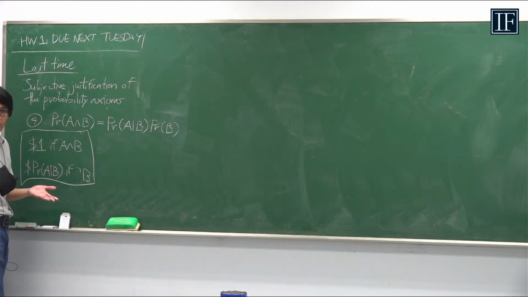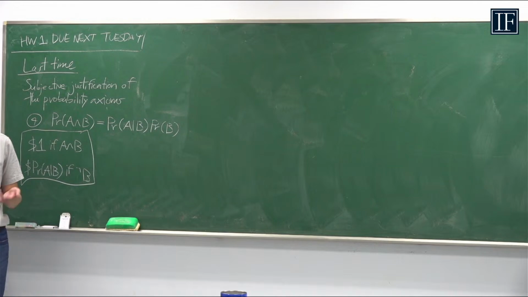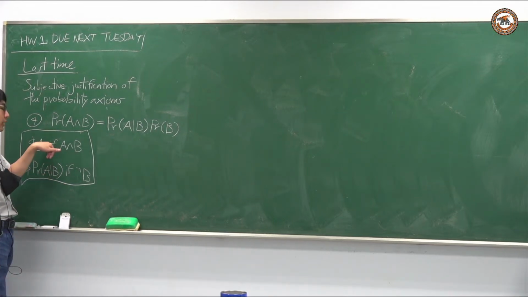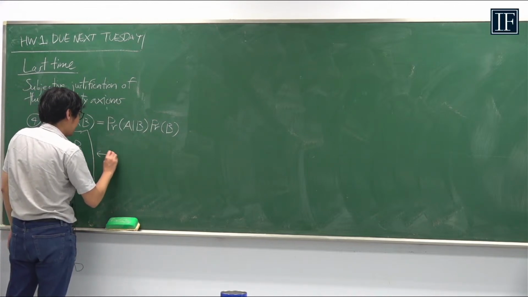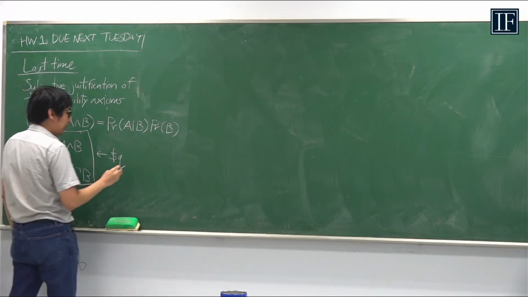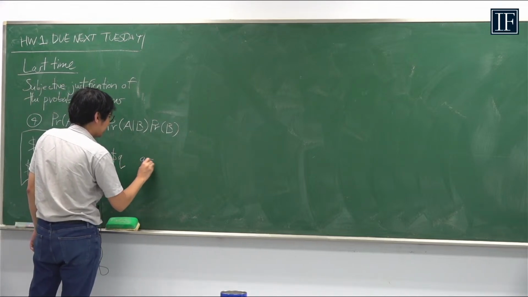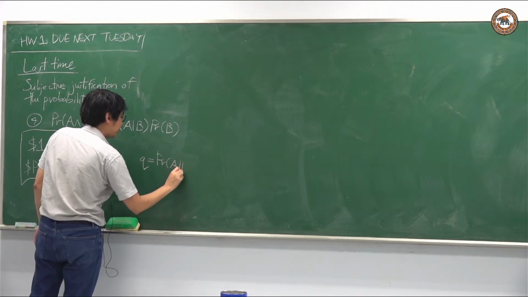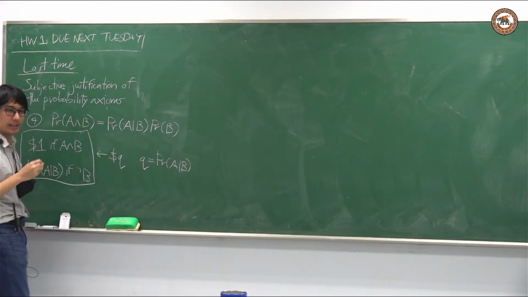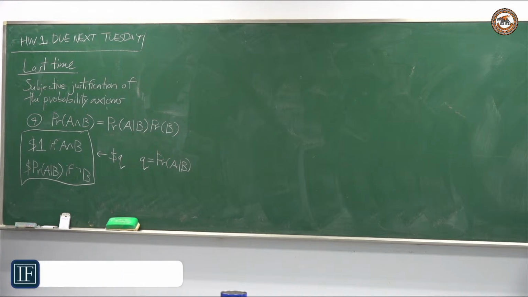So if B is false, I'm fine. I don't lose any money. And then if B is true, the first condition reduces to, A is true, given that B is true. And so if I assign a price Q to this ticket, to prevent a loss, I should assign this value to the ticket.